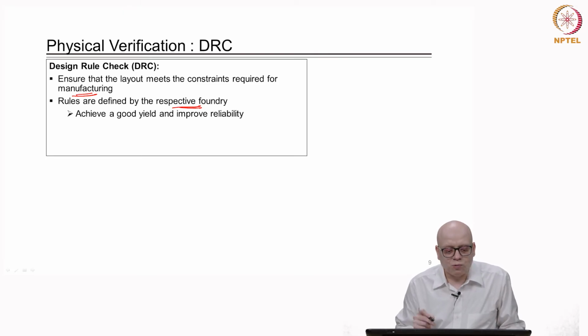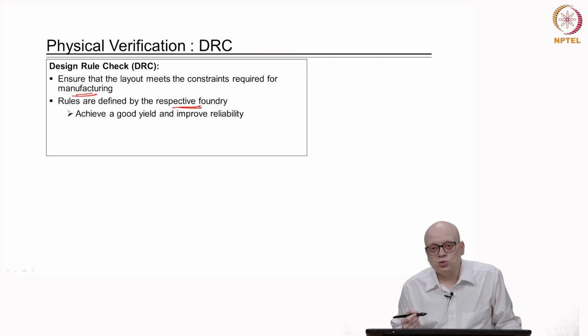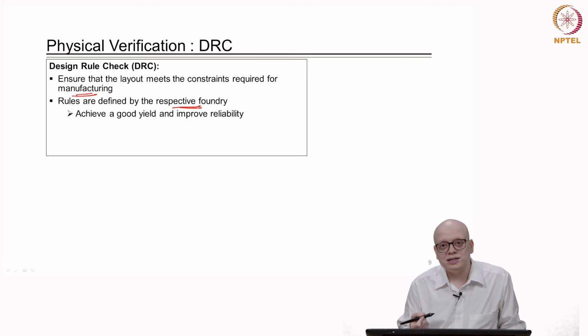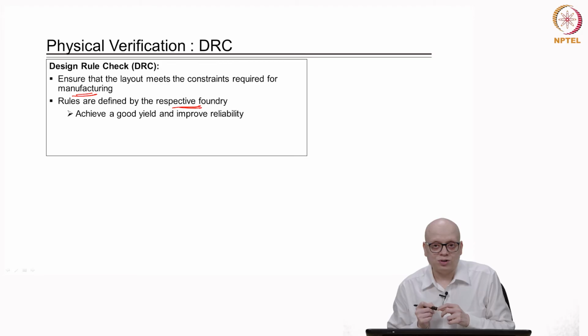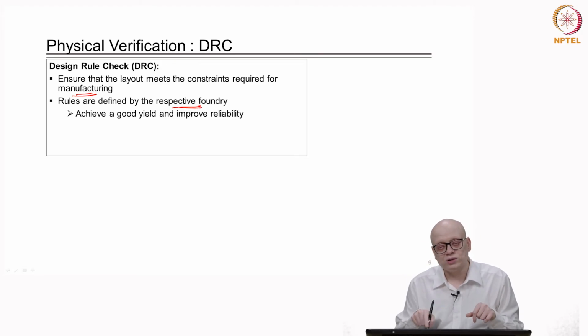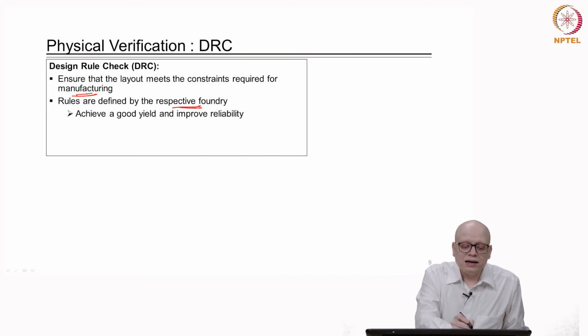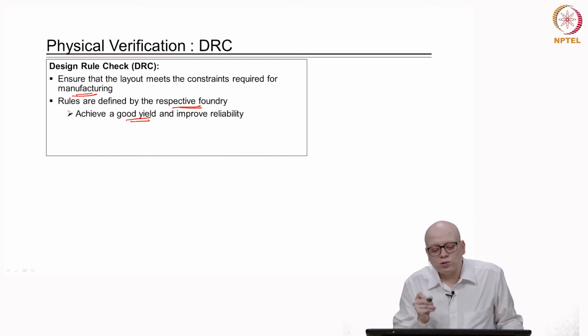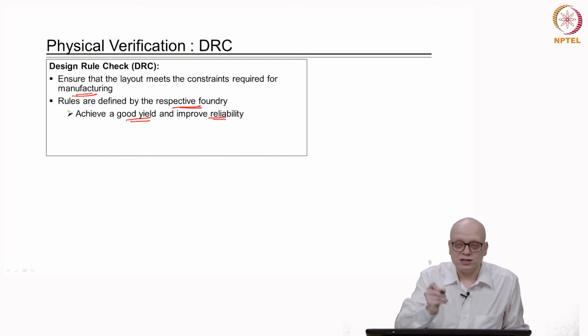Why do foundries try to enforce these design rules? The basic motivation is that if we ensure that these design rules are honored in our layout, then we will be able to achieve good yield and also improve the reliability of our circuit.